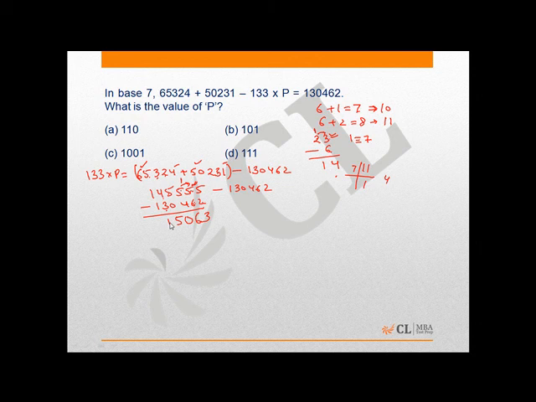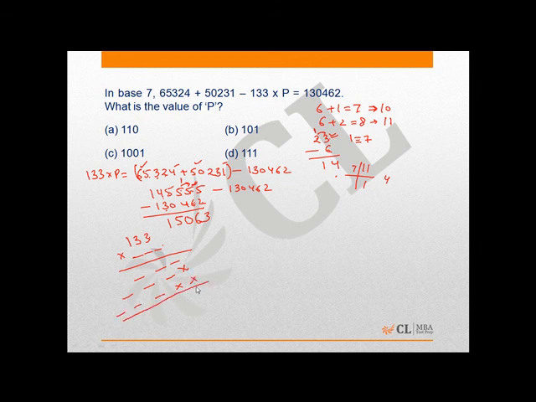Now let's see how to solve this one now. What I know is 133 into a number. When you multiply this number by this, you will get some numbers. You put a cross here, again you will get some numbers. You'll put 2 crosses here, again you will get some numbers.